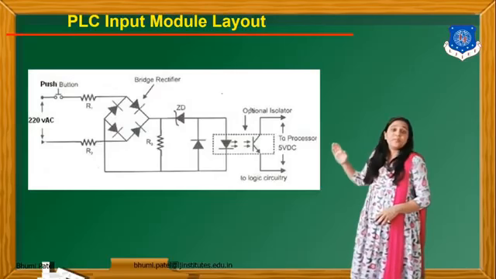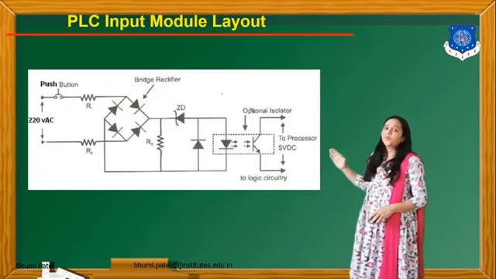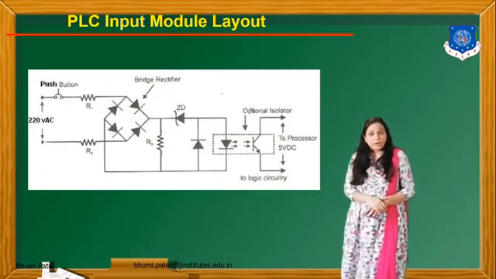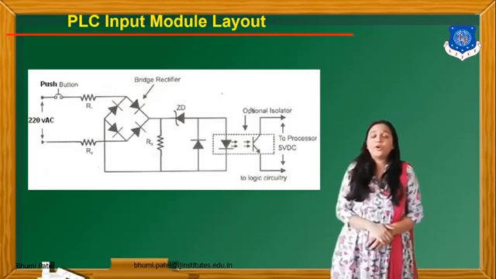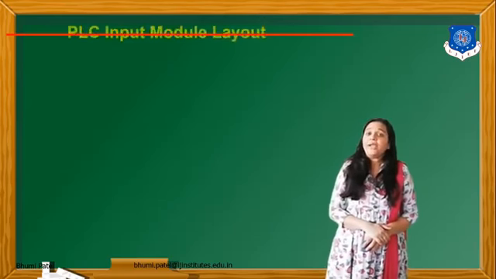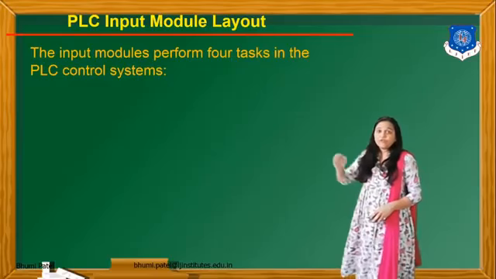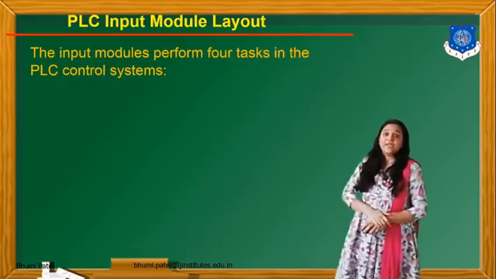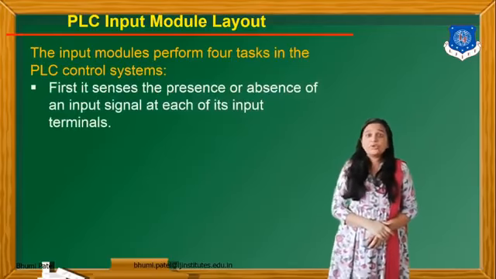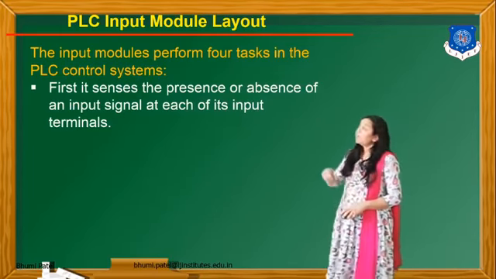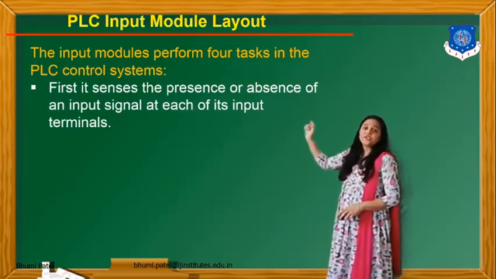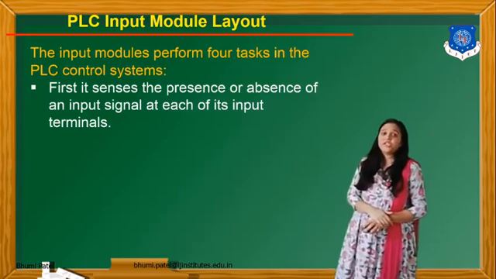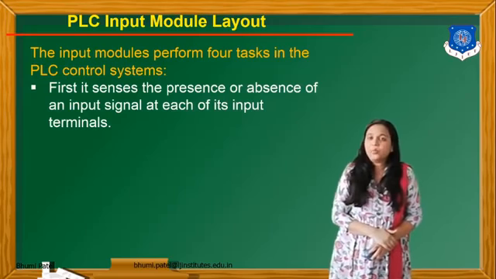This is the basic diagram of the PLC input module. The input module performs four tasks in the PLC control system. First, it senses the presence or absence of the input signal at each of its input terminals.